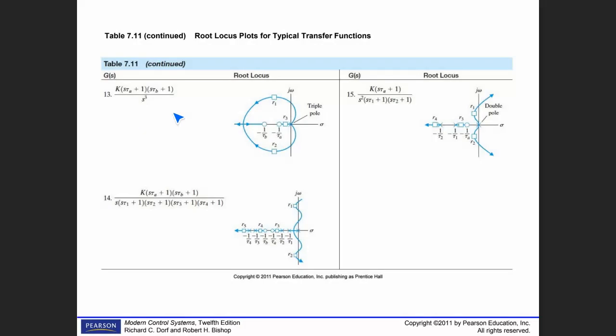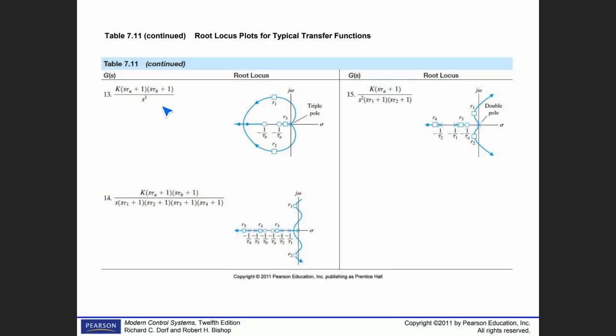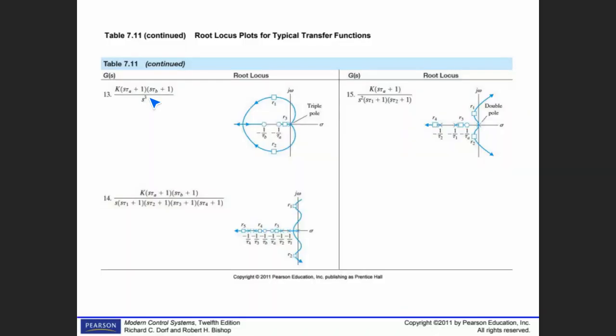So 10 of the classroom said that we have 3 zeros. However, you can see 1 zero here, another zero here. We have 3 poles. Probably you cannot understand the difference between poles and zeros.